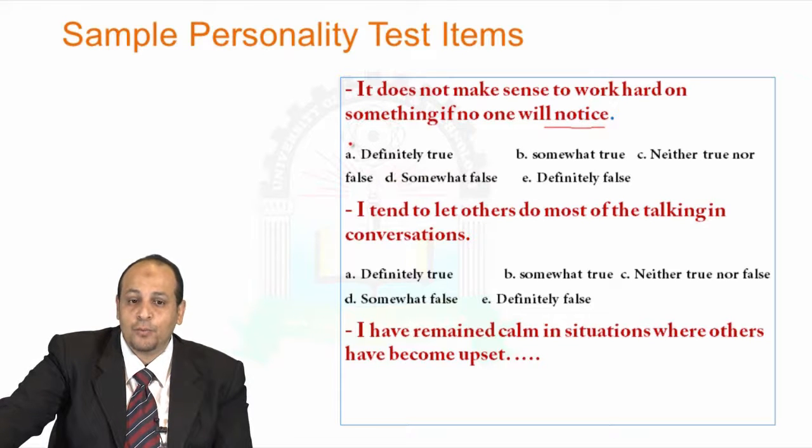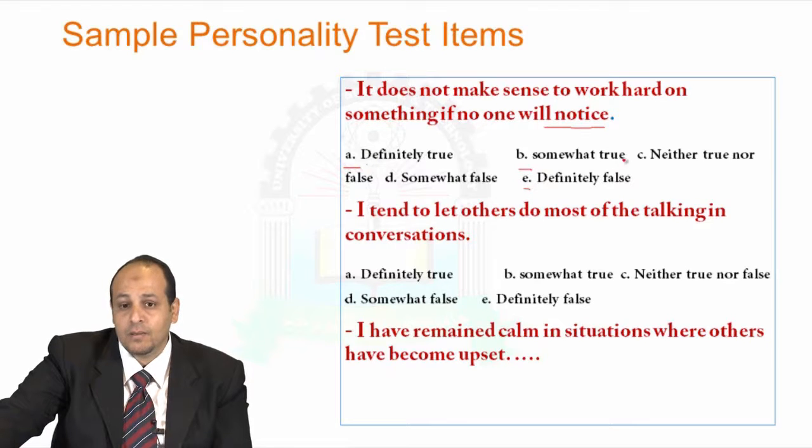Now, people will be different, of course, in answering these. So some might put A, others can put E, B, C. So that is why we need to check the different personality traits in regard to this issue.